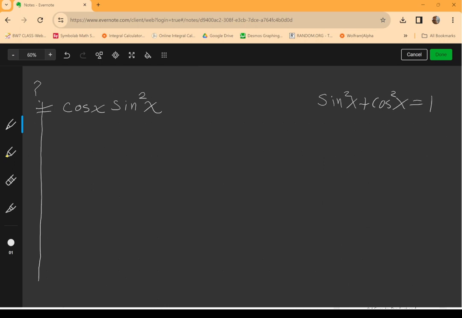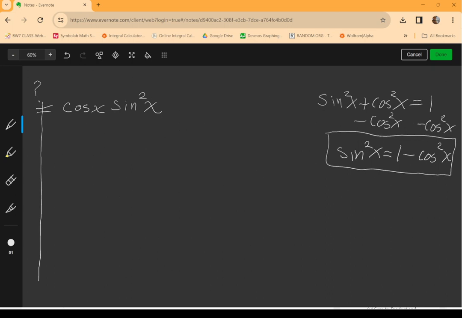Now this is true. This is an identity, so it's an equality, so I can treat it like an equation. And what I can do here is subtract cosine squared x from both sides, and I get sine squared x equals 1 minus cosine squared x. So this is an alternative form of my Pythagorean identity.